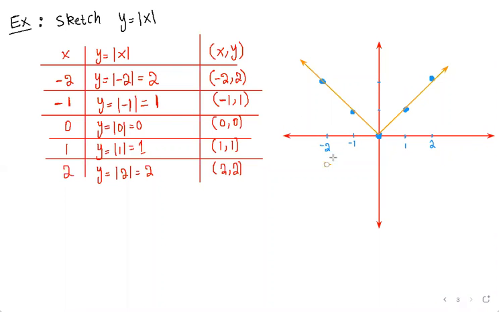All the points are positive, so it will be on the upper side of the x-axis, because the equation is y equals the absolute value, and the absolute value gives me everything positive. Any question on these things? So again, this is my y-axis, and this is the x-axis.